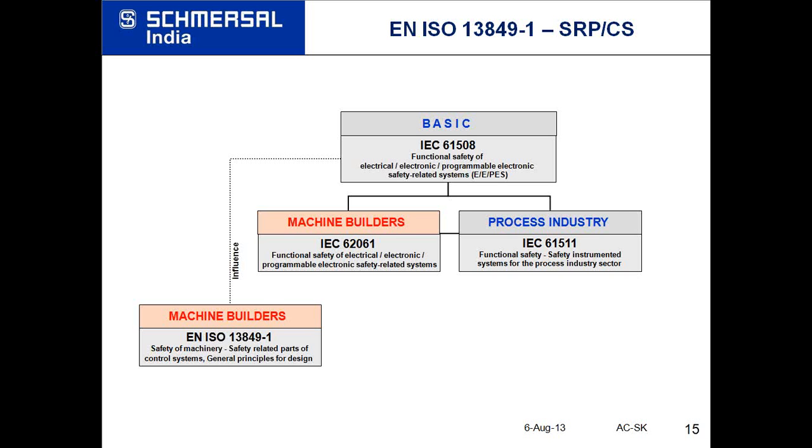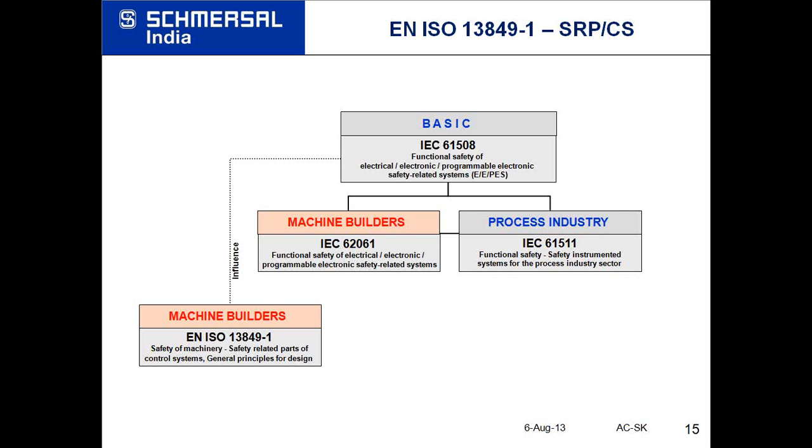Okay. Now this has got two offshoots. One is for the machine builders, and the second one is for the process industry. So for the process industry, it is 61511, and for the machine builders, it is 62061. Okay. Because machines and process have to be dealt with separately.